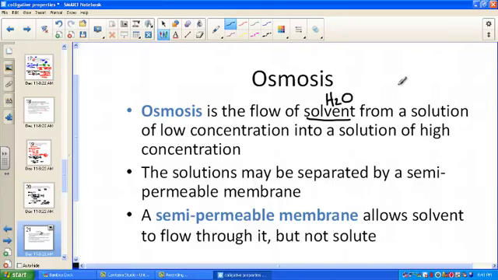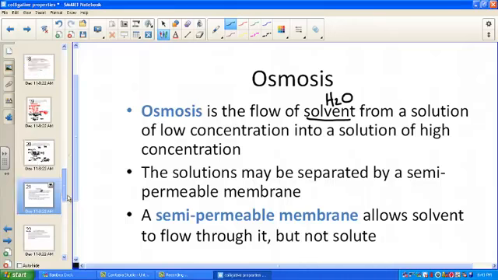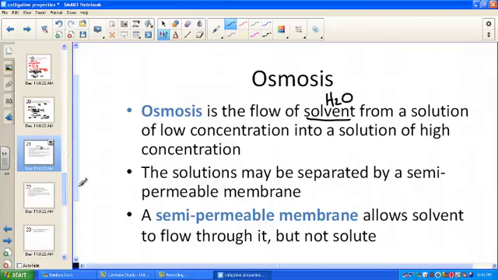When I have a concentration gradient across a semi-permeable membrane, we have a transfer of water from one side to the other. A semi-permeable membrane allows the solvent to pass through, but not the solute. Semi-permeable means it acts as a protective barrier, allowing certain things to flow in and out of the cell while keeping other things away.